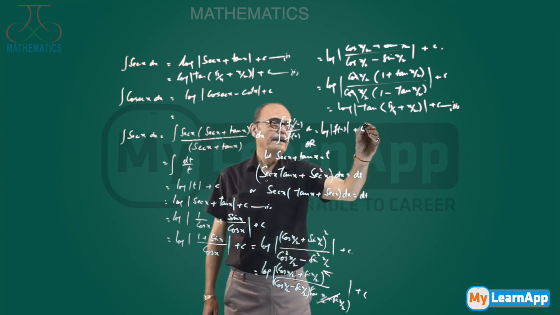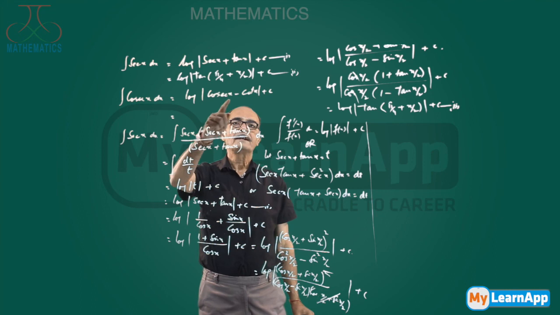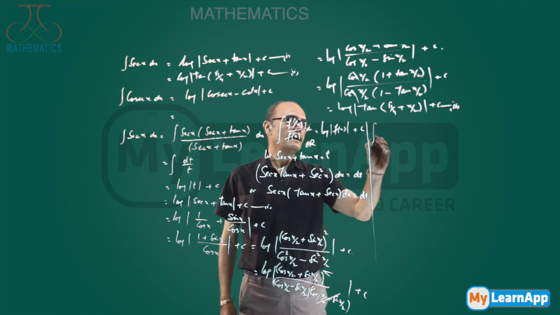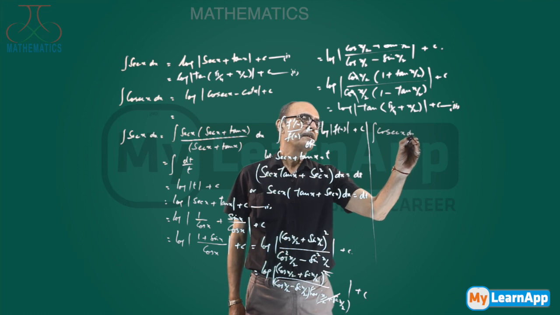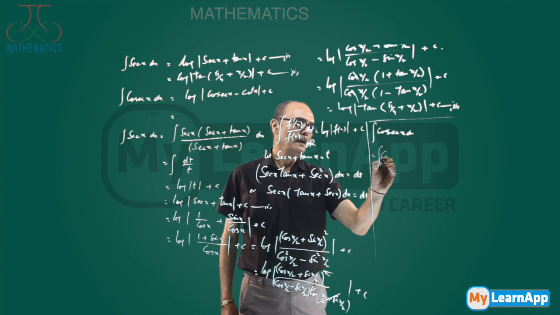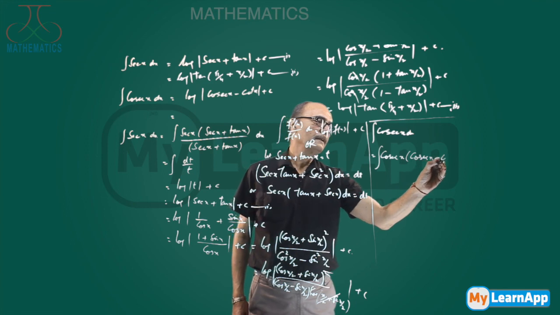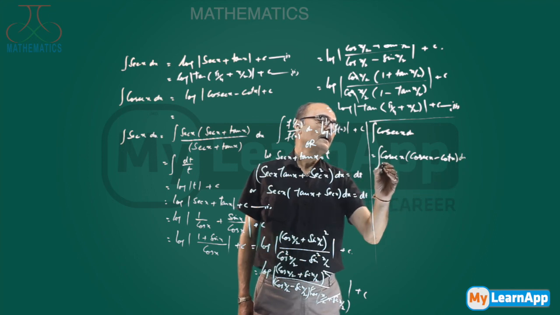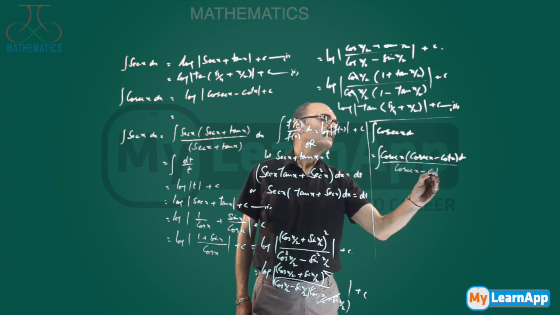Then we have the second result, the integral of cosec x. This is integral of cosec x dx, or this is integral of cosec x into cosec x minus cot x dx, divided by cosec x minus cot of x.